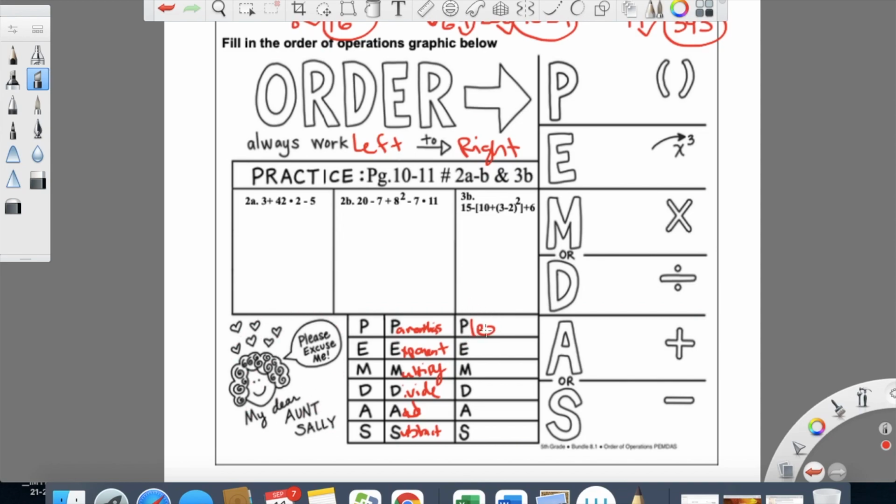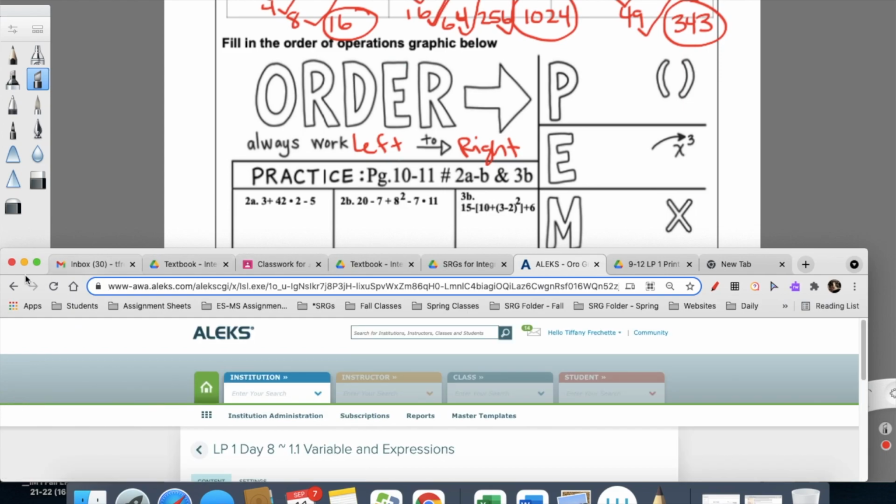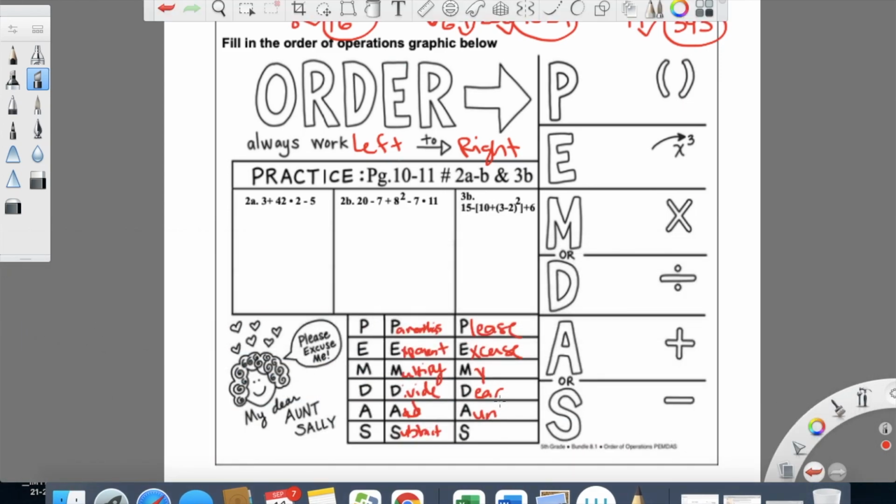Please excuse my dear Aunt Sally. So that's just the little poem that helps us remember this. Please excuse my dear Aunt Sally. So parentheses, exponents, multiply, divide, add, subtract. It just helps you remember that first letter of our order of operations here.